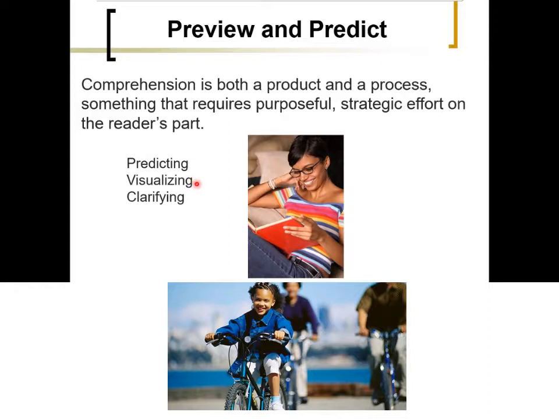When you visualize, you imagine what is going on based on the reading material. And when clarifying, you connect your experiences or prior knowledge, and from there you can check whether the content that you have read is correct or not.